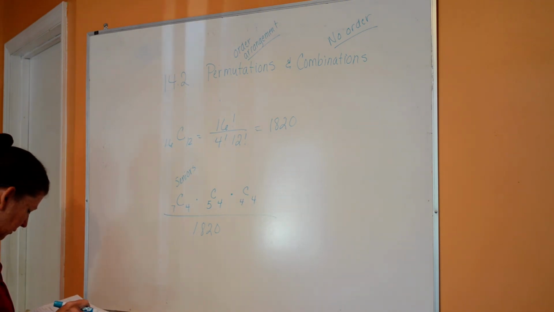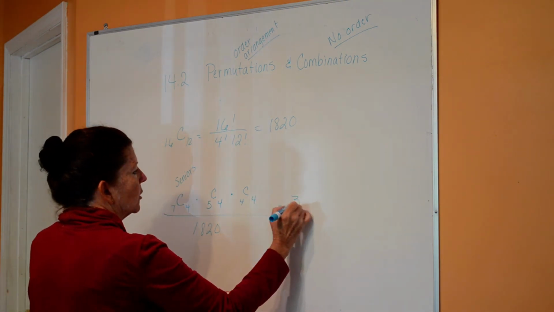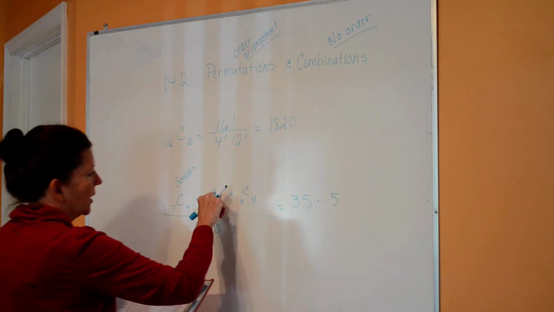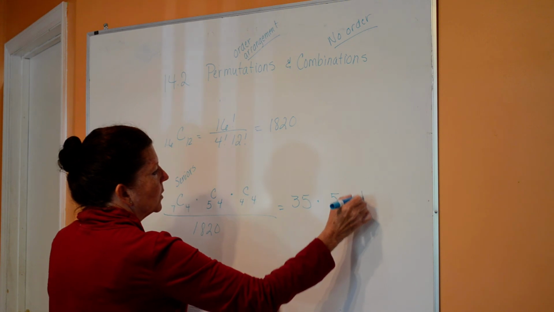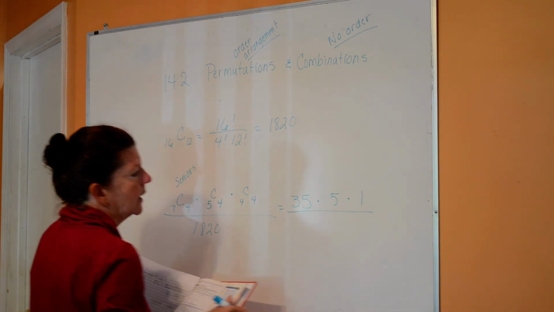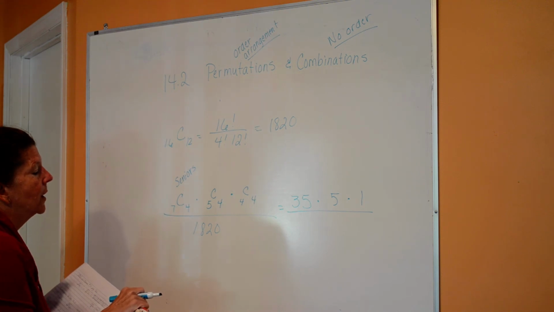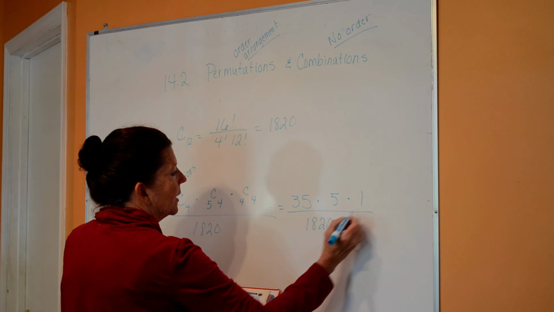So you're going to have to do those out. And when you do those out, you're going to find that the first one is 35. The second one is 5, that's the combination of 5 things taken 4 at a time. And the last one is 1, because you've got 4 factorial on the top and 4 factorial on the bottom. All right, and it's over 1,820.